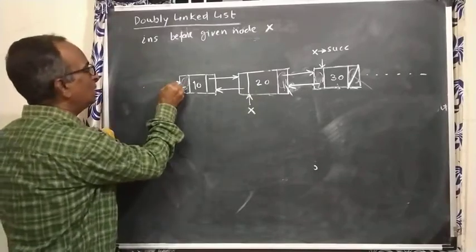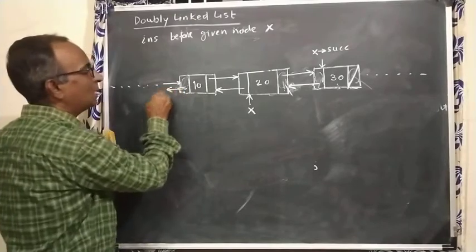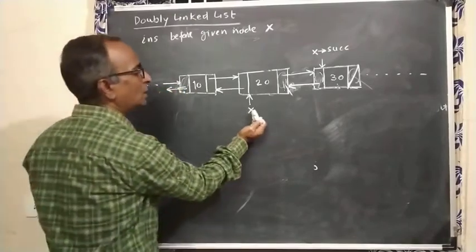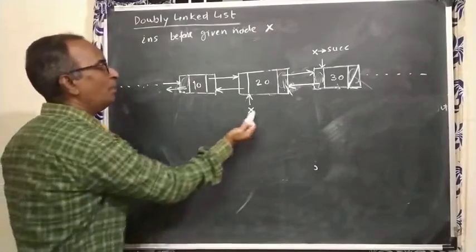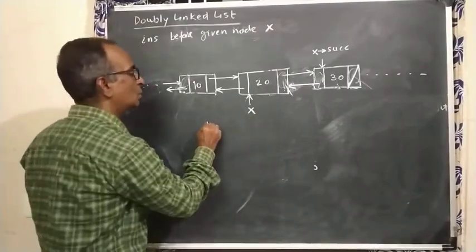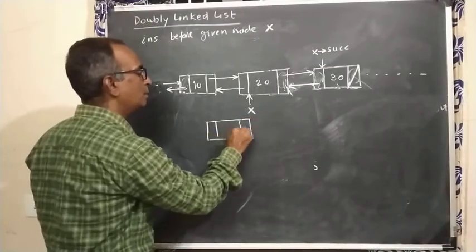So this list may contain many nodes here in this case. Now this node is given and before this node I want to insert. So the concept is the same.